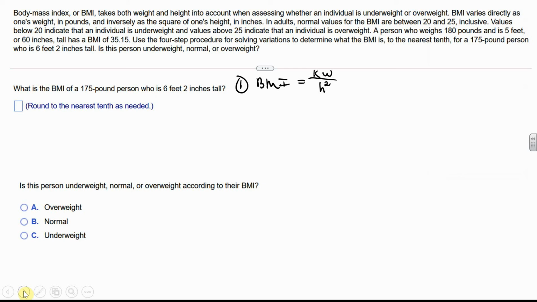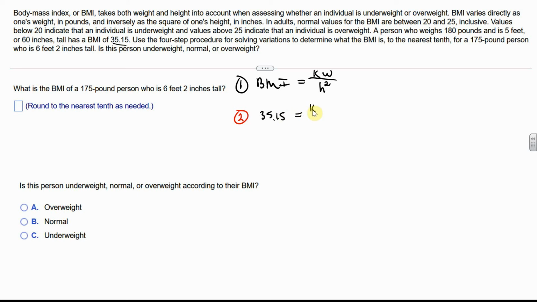So a person who weighs 180 pounds and is 5 feet, or 60 inches tall, has a BMI of 35.15. They're giving us that for a reason. They want us to find K. So here, step number 2, they tell us the BMI is 35.15.